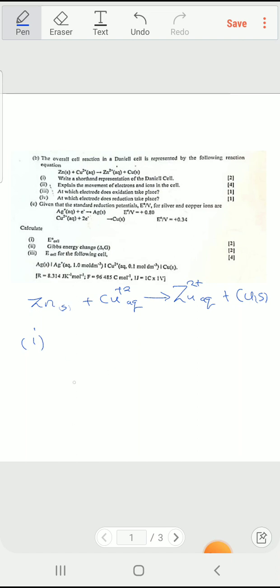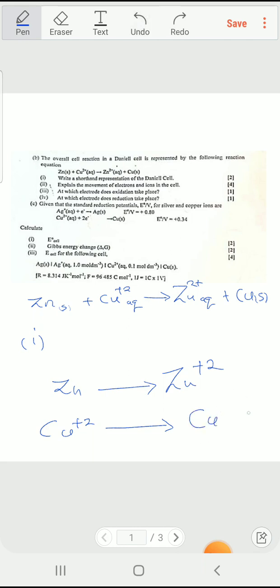Here, this is zinc going to zinc, and copper going to copper.